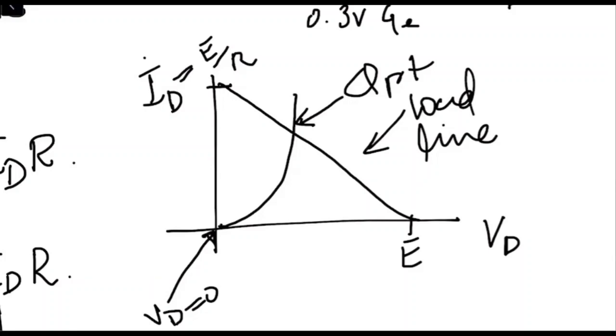Now this line's slope can be changed depending upon the value of the biasing potential.